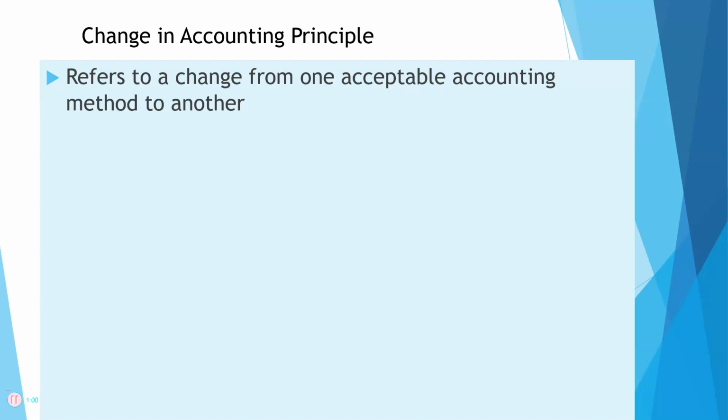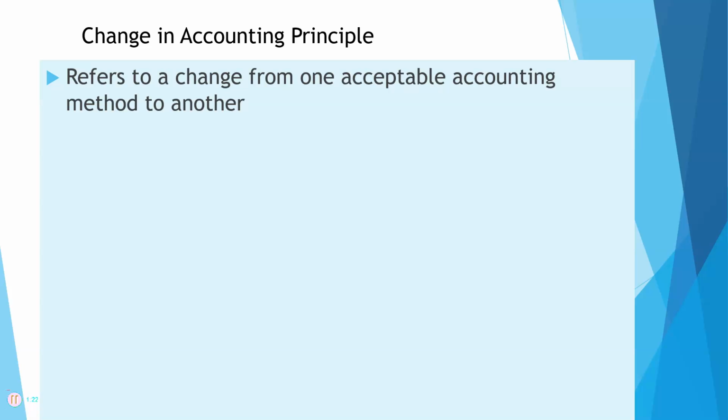Now, a change in accounting principle, we're referring to a change. Remember, you're going from one acceptable accounting method to another. So if you're using an accounting method that's not covered under GAAP, then it is considered a correction of an error. All right, so what kind of changes are we going to have?